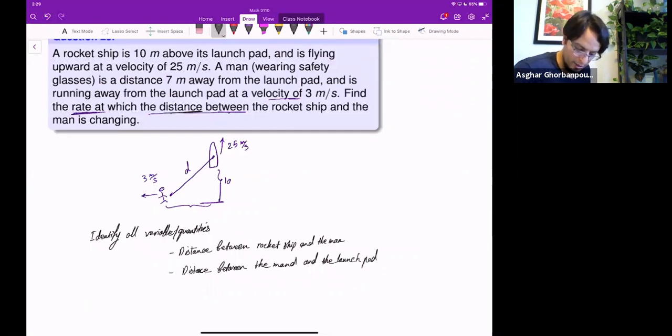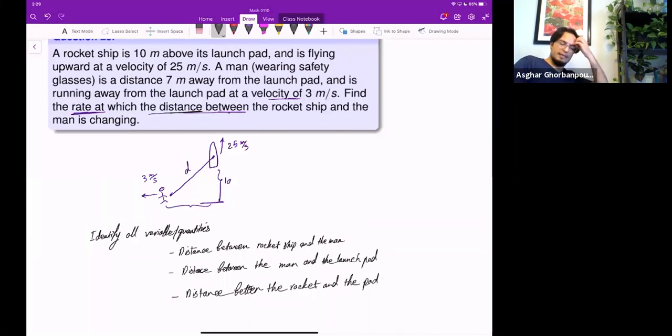And there's also another one, the distance between the rocket and the launch pad. So three different things. These are the only things that are changing.